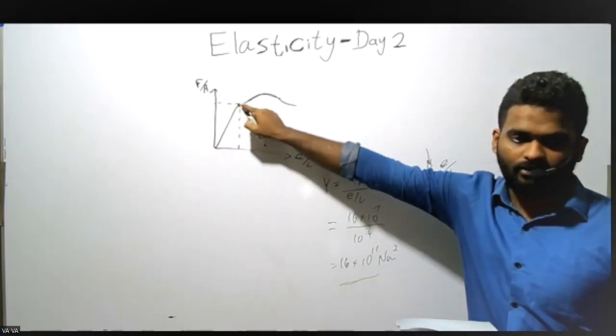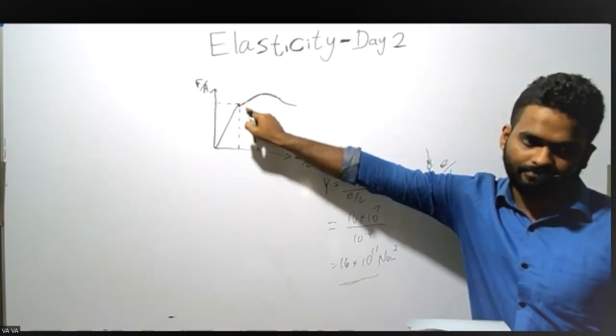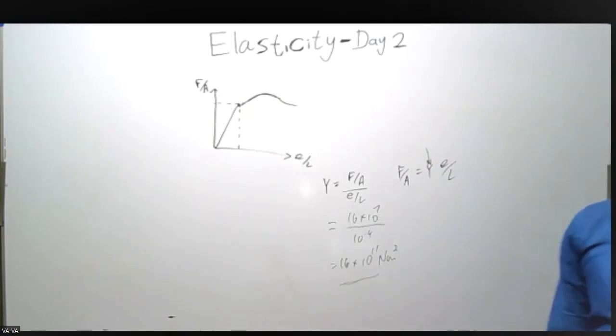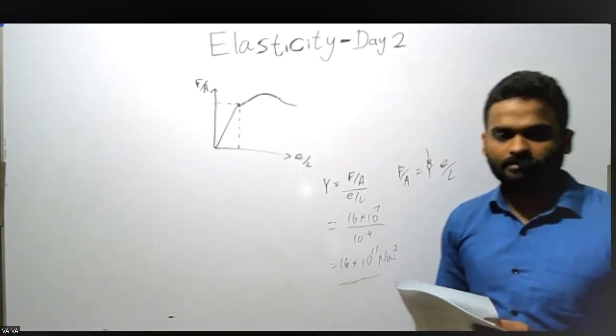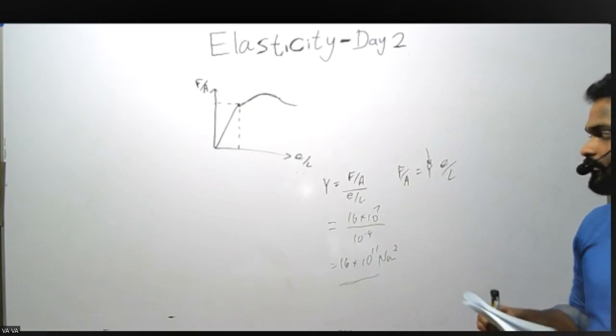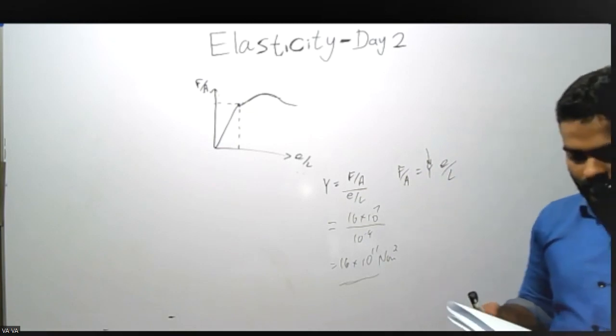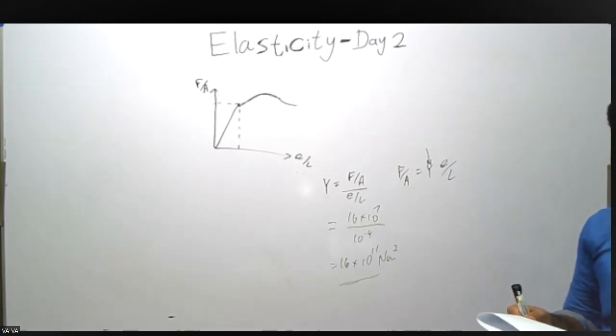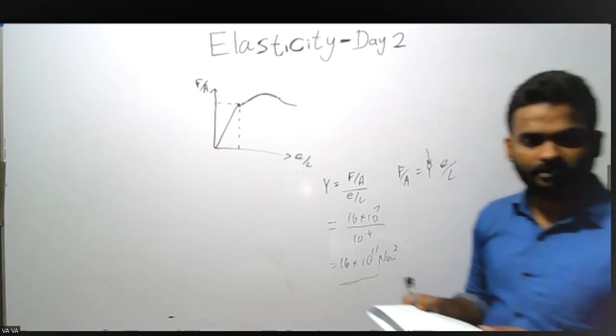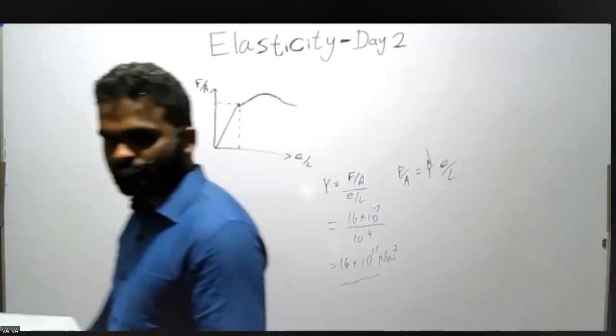This is called the proportional limit. You can check that in the last class recordings, right? Then try 22. Next question.